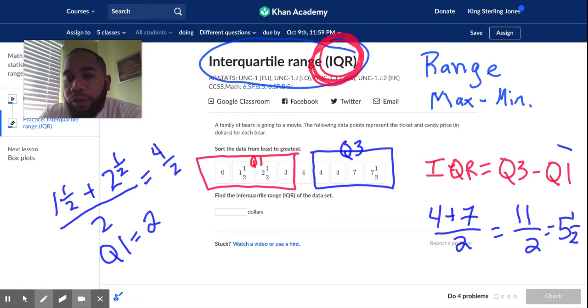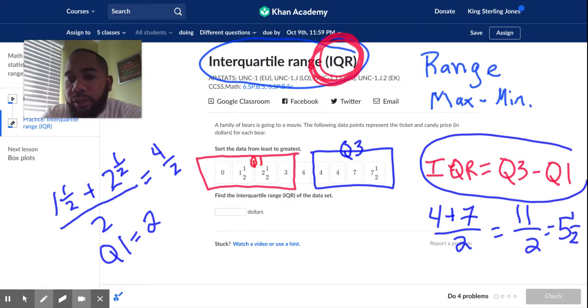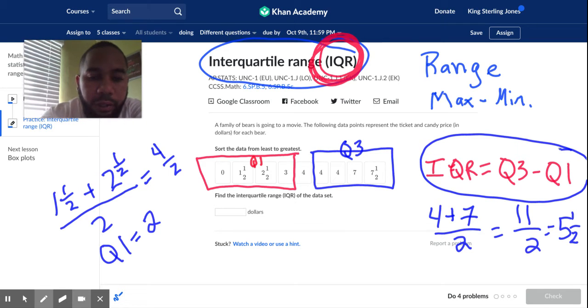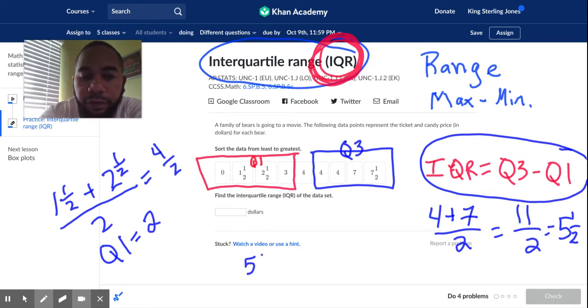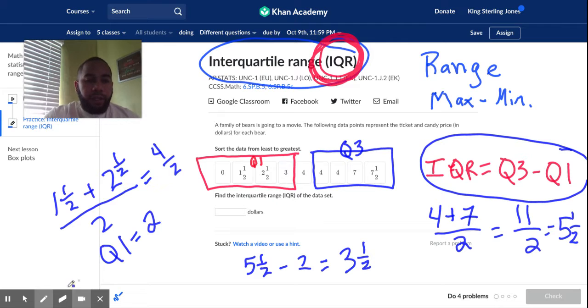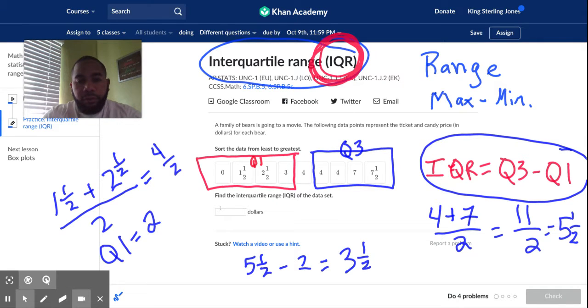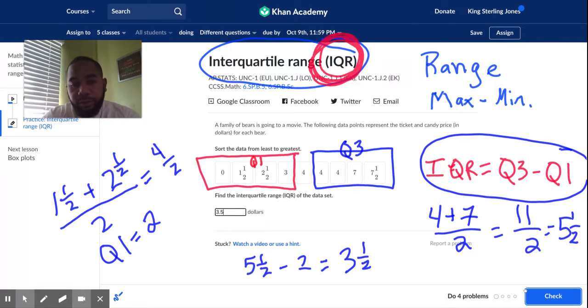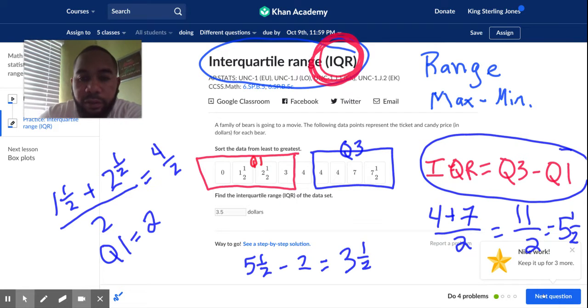So now remember, Q3 minus Q1 is going to be 5.5 minus 2, which is 3.5. So let's go ahead and type that in. You can do 3.5.